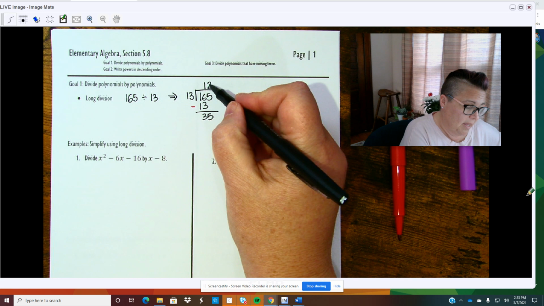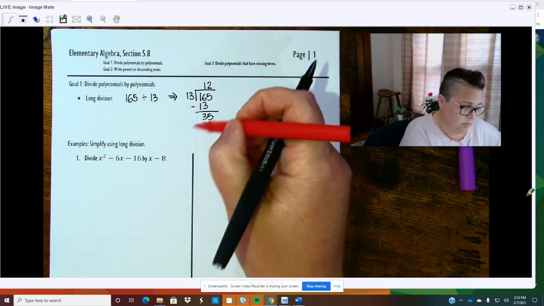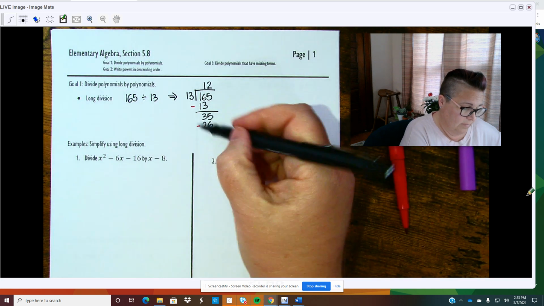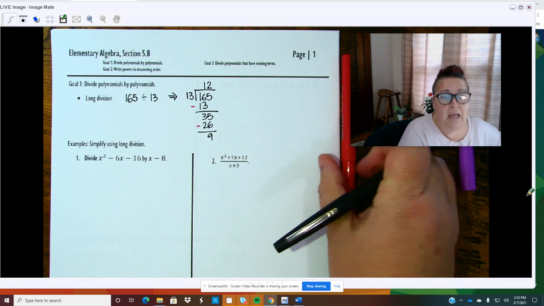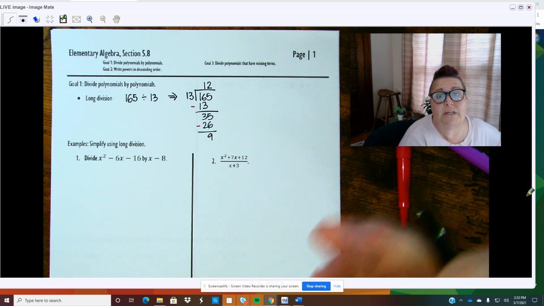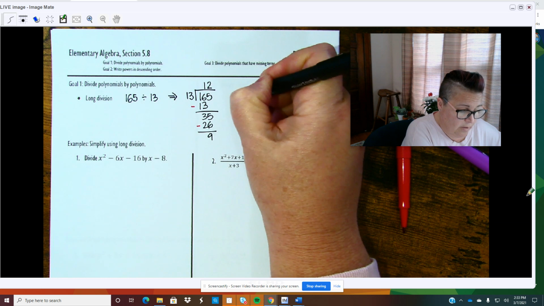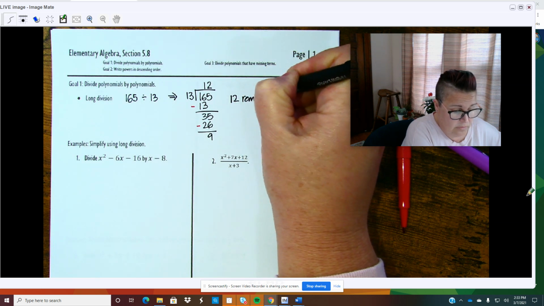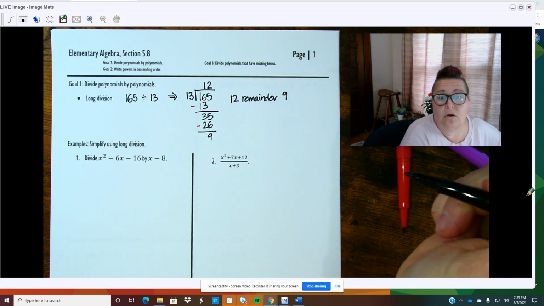Then multiply back. 2 times 13 is 26, and subtract that. 35 minus 26 is 9. And initially, before we knew about fractions, your answer would have been 12 remainder 9.